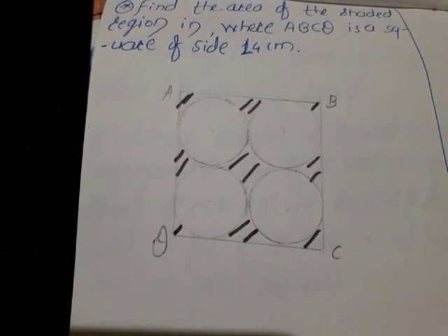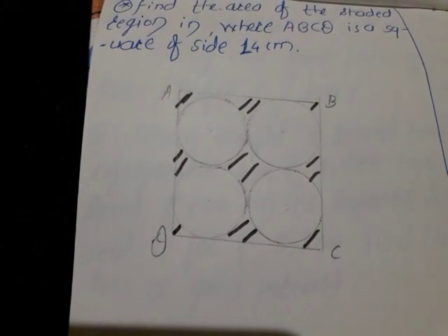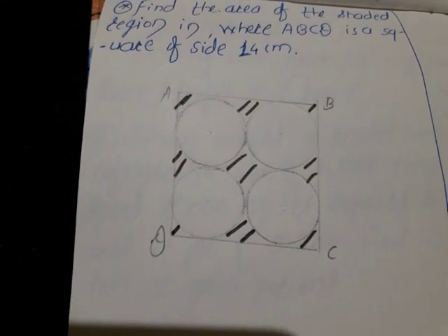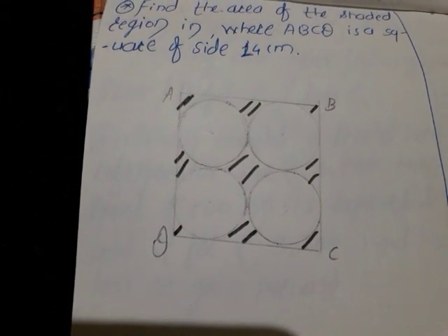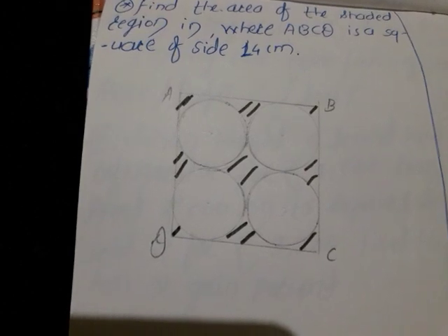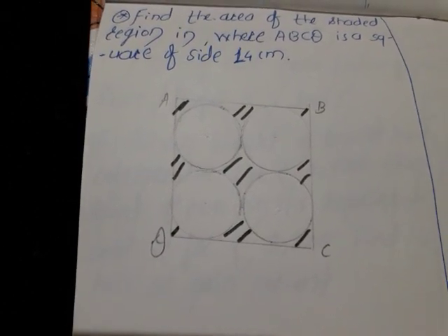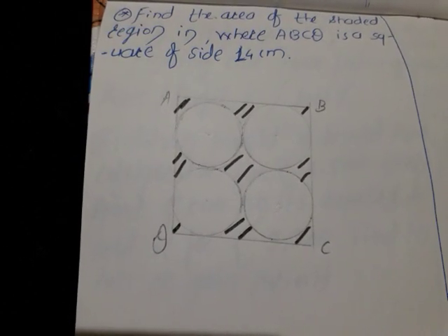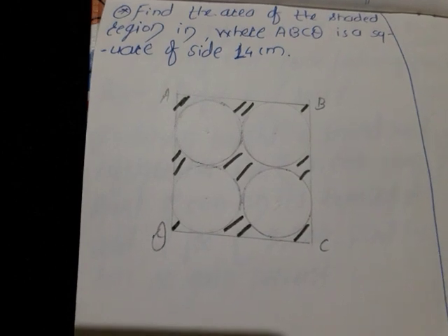When we divide that diameter by 2, we get the radius of one circle. Then we can find the area of that circle, and when we multiply by 4, we get the area of 4 circles. Do you understand what I said?